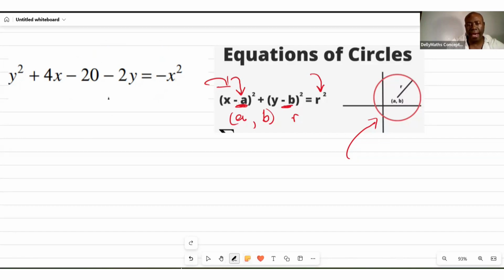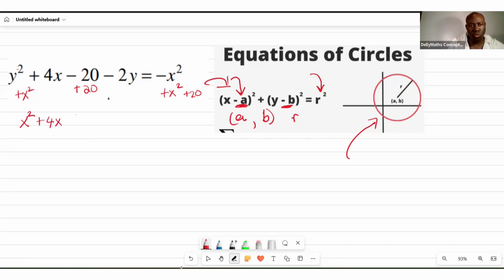So I'm going to start off by definitely adding x squared to both sides. Also, I'm going to add 20 to both sides. So I'm going to rewrite now, and when I'm writing, I'm going to organize my x's together. So I'm going to have x squared and then positive 4x.